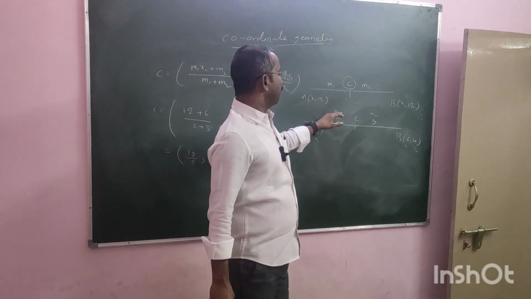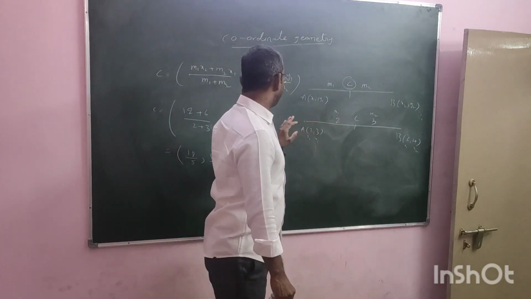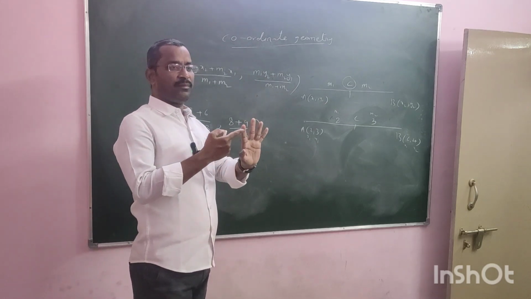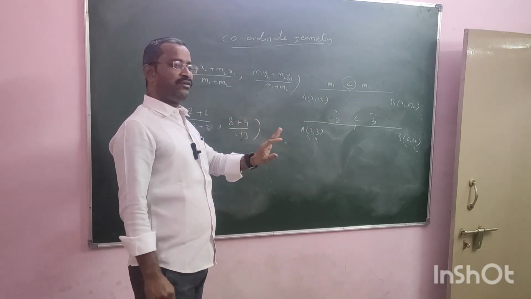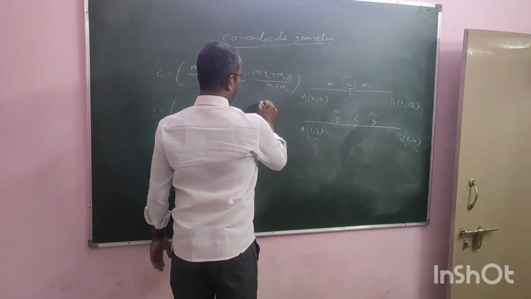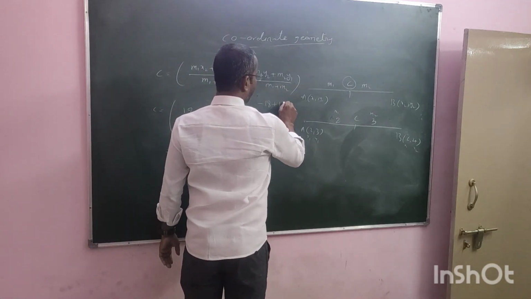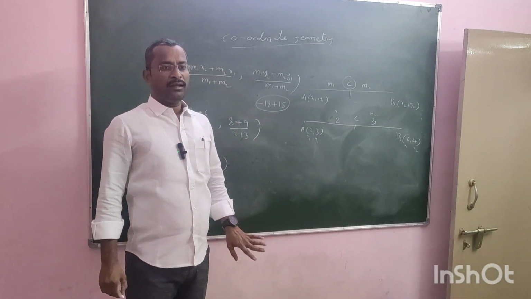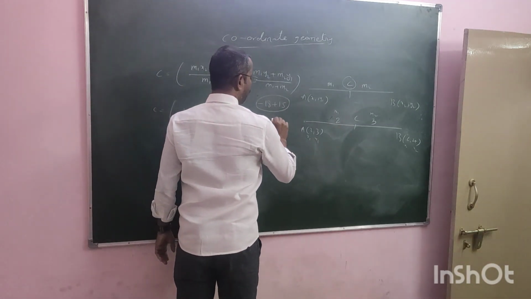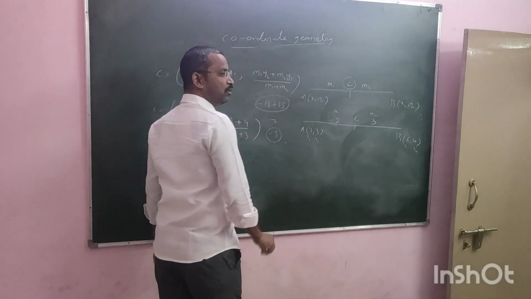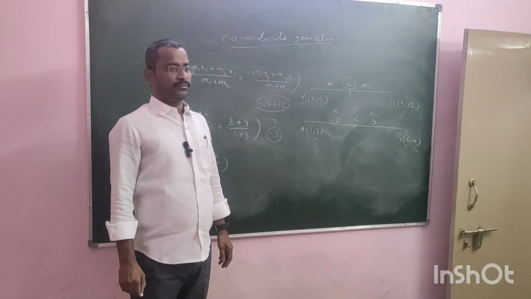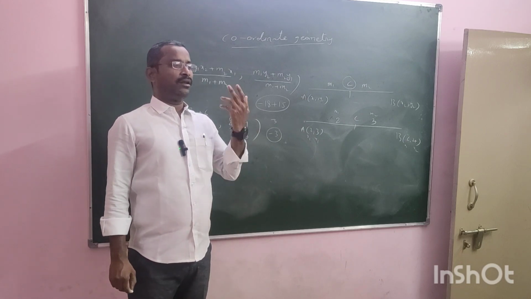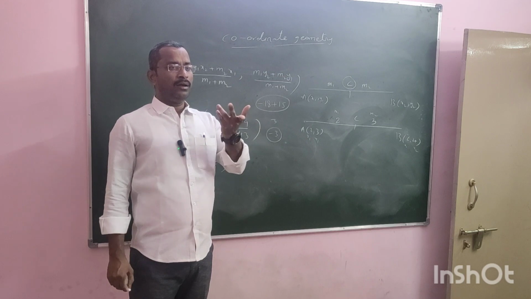If you write neatly and concentratedly, doing the mathematics is the easiest part. But the thing is, you need to multiply properly. Addition, subtraction, multiplication, division, basic operations should be known. See, for example, minus 18 is given, plus 15 is given. If you are in a hurry, writing 3 instead of minus 3, you will lose the marks. It's a simple mistake, but the answer is changed because there is a lot of difference between 3 and minus 3.